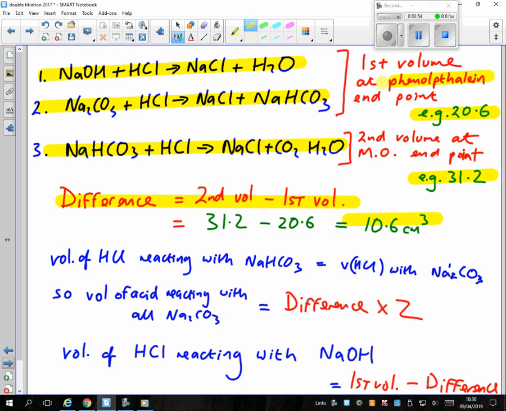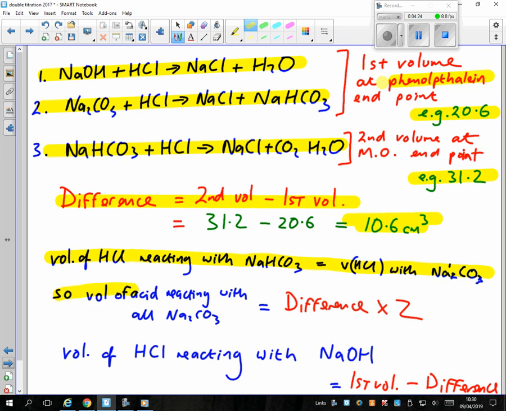Now, this 10.6 is only half of the sodium carbonate reacting. If we double that, we can work out the total amount of sodium carbonate reacting. The volume of HCl reacting with the sodium hydrogen carbonate equals the volume reacting with the sodium carbonate in the first step.